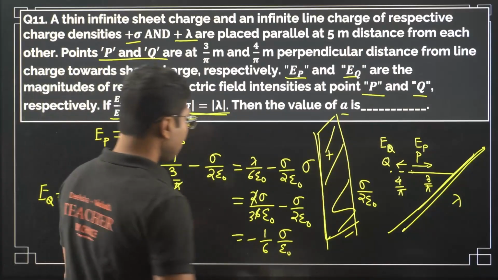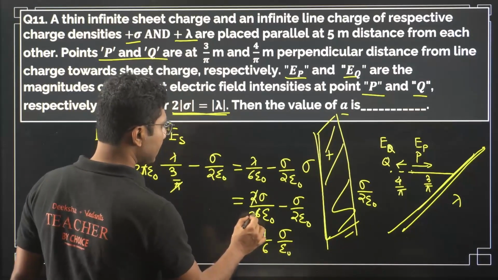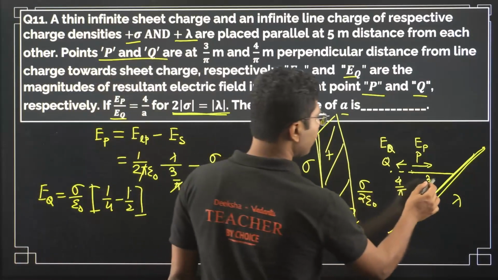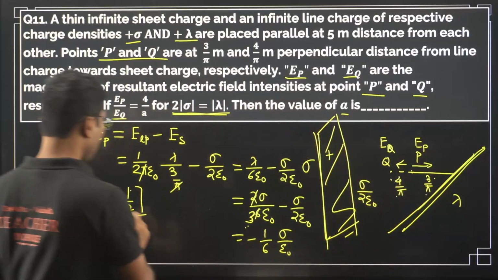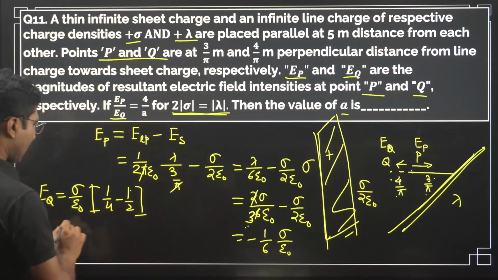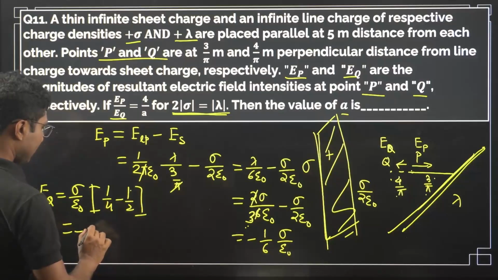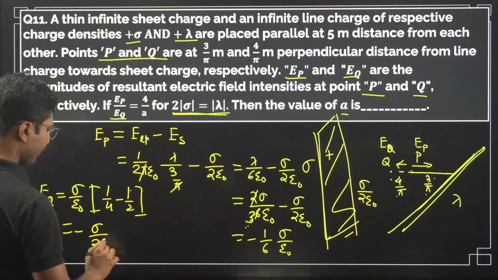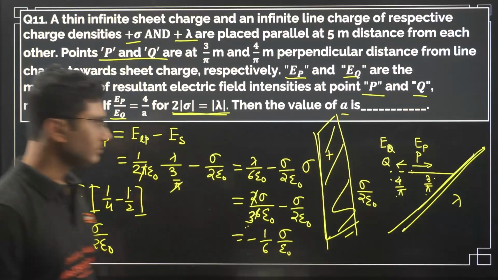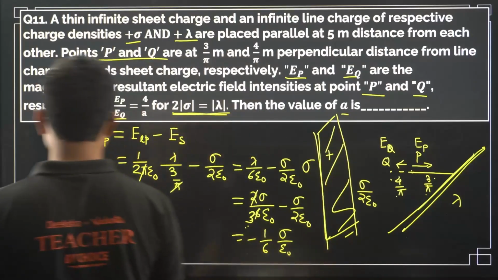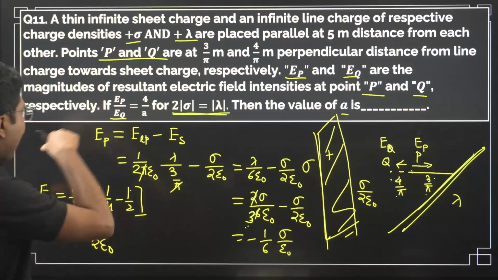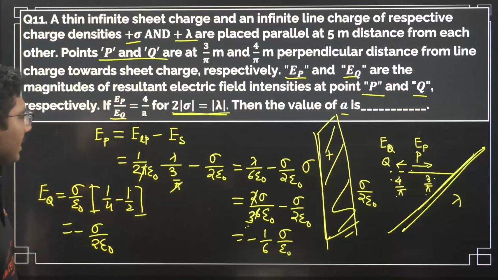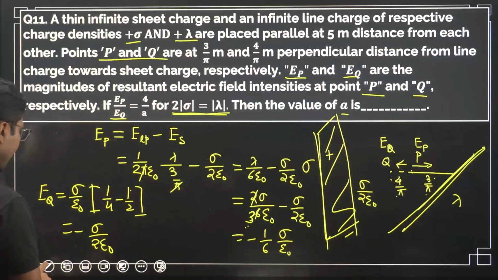Because it was 3 by pi, so here we got 3, and here it is 4 by pi, so we will get 4 over here. So it will be minus sigma by 2 epsilon naught. So sigma by 2 epsilon naught is EQ, and EP by EQ value is given over here.